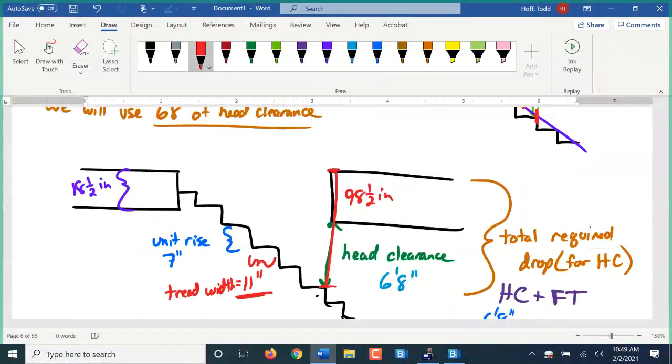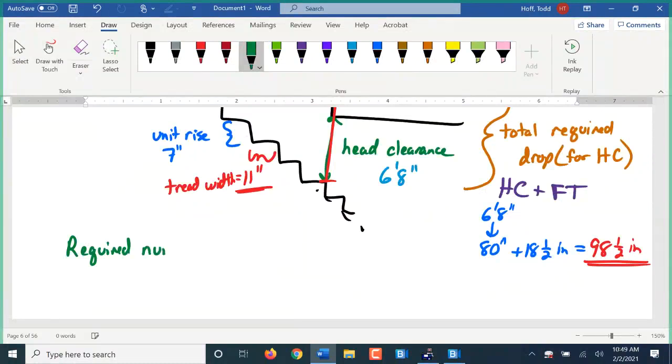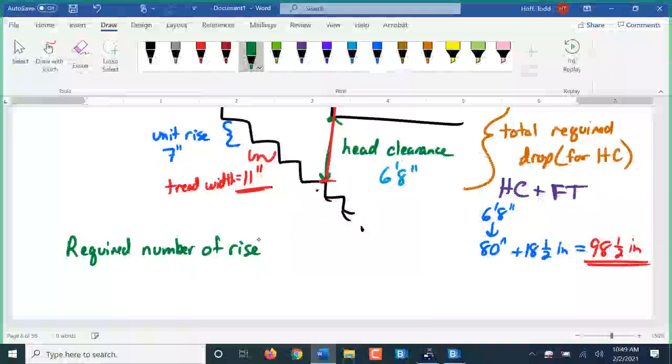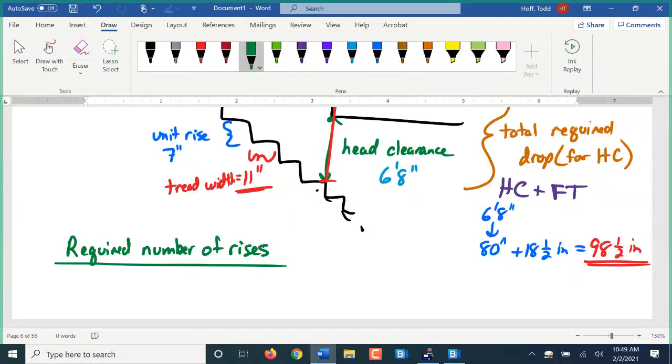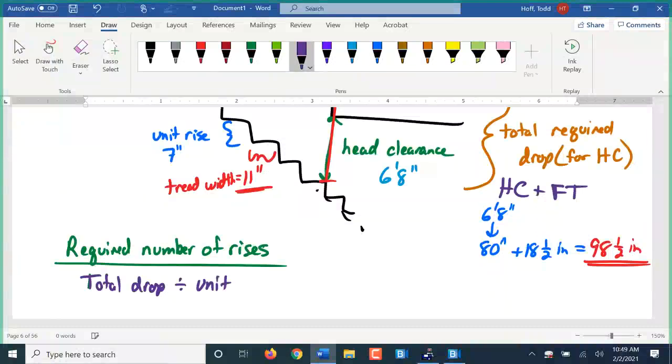Now we need to find the required number of treads, or required number of risers, to meet that total drop. To do that, it is the total drop divided by that unit rise, that riser height.